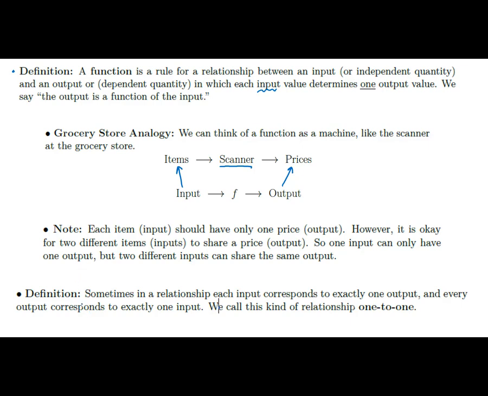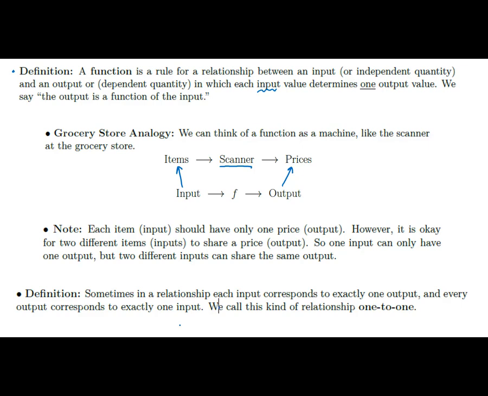All right, then one last definition down at the bottom here says that sometimes in a relationship, each input corresponds to only one output, and every output corresponds to exactly one input. Okay, we call this kind of relationship one-to-one, or it's a one-to-one function. Okay, so this is a special type of function in which every single output only goes with one input.